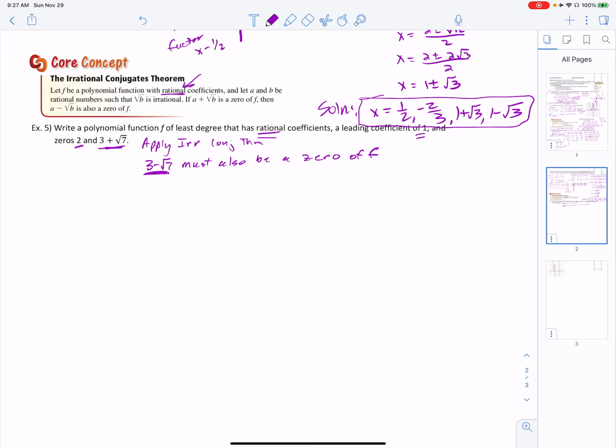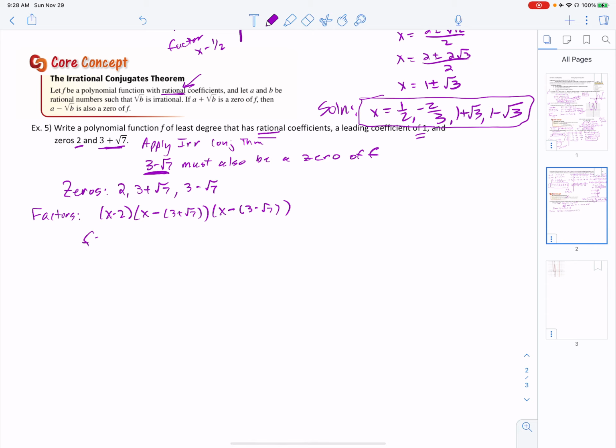So here is the process. You identify the zeros, all of them. And that means your factors are x minus 2 and x minus the quantity 3 plus root 7 and x minus the quantity 3 minus root 7.